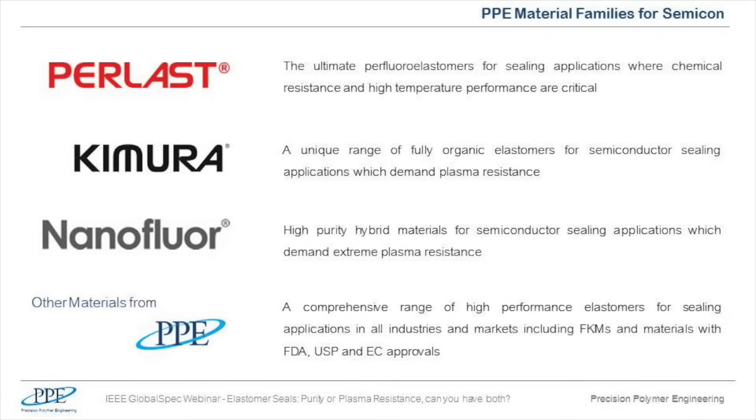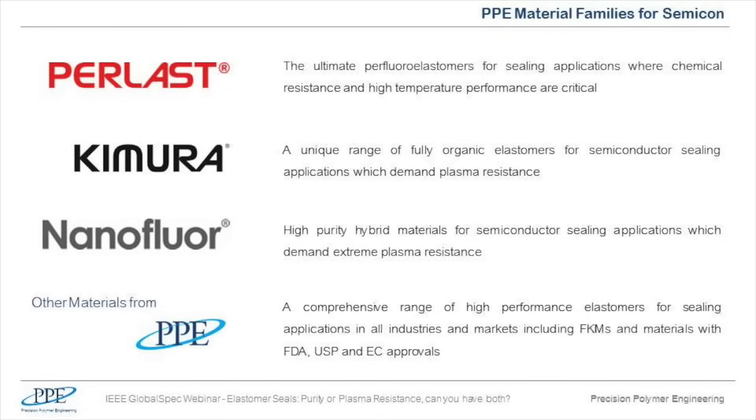In the previous slide, I talked about our products. Now, these are our material families used in semiconductor applications. Most of you may know Perlast, our very well-known trade name for years, which covers all the fully fluorinated or perfluorinated FFKM materials.